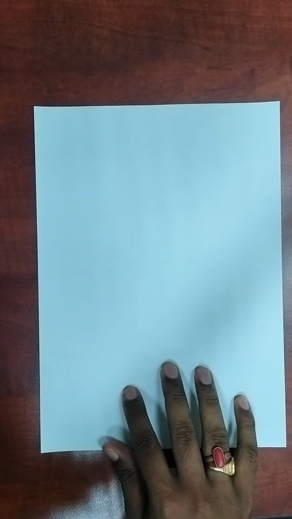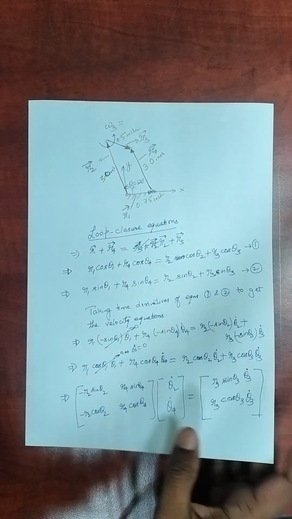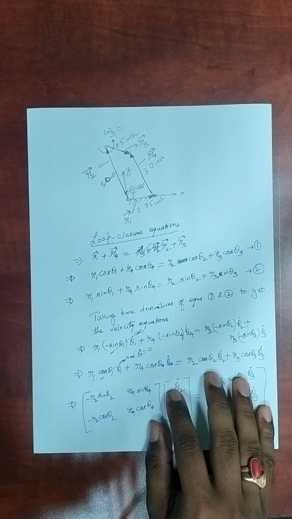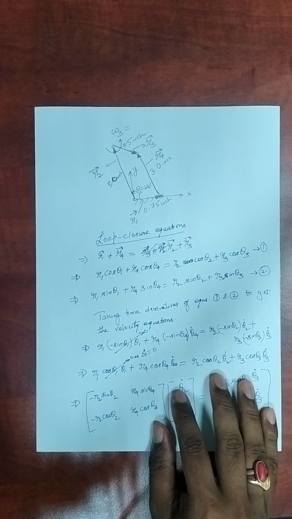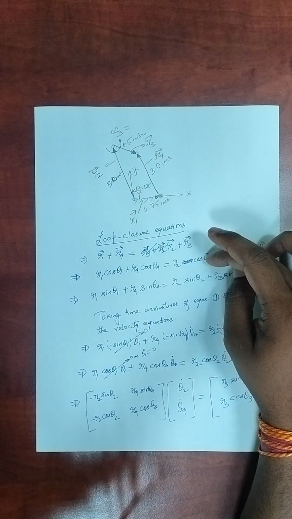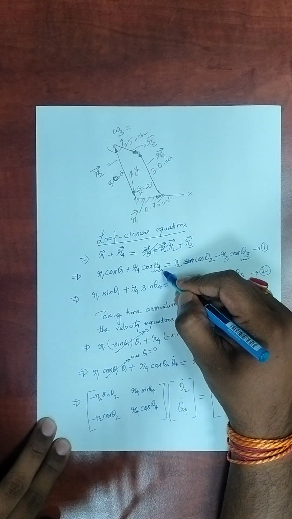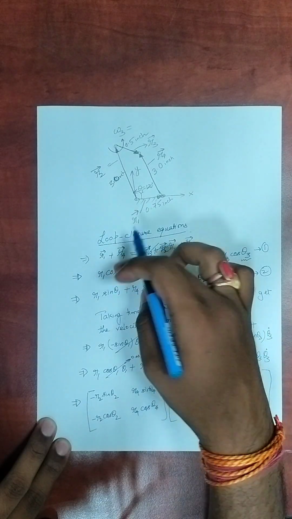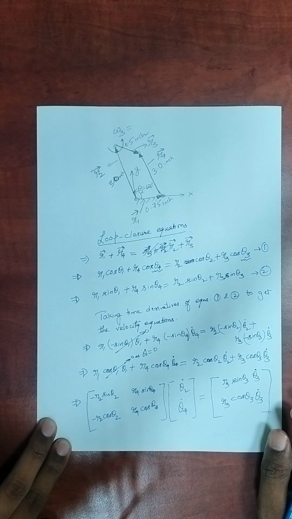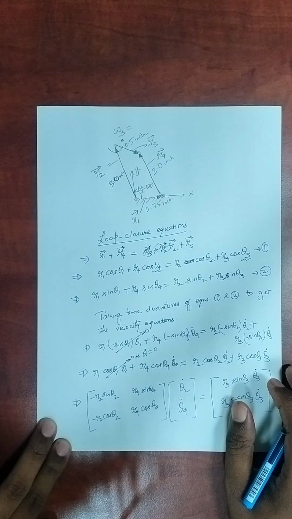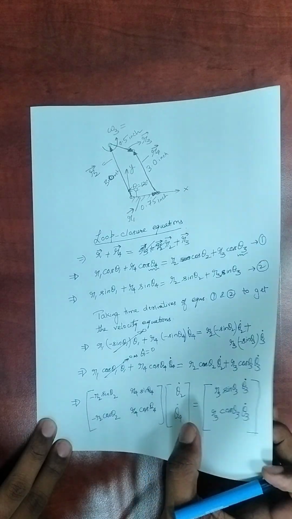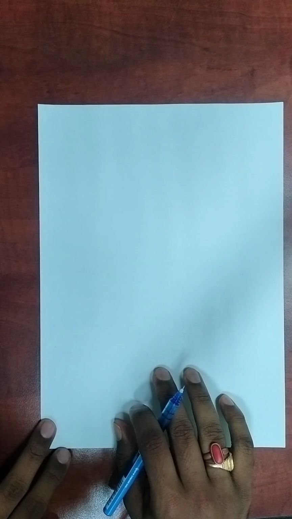Let us try to do the position analysis. We already have the solution for the condition when theta 2 is known and theta 3 and theta 4 have to be computed. Theta 1 is known, theta 1 is 0 in this case. I assume that the solution is given in the question paper itself.